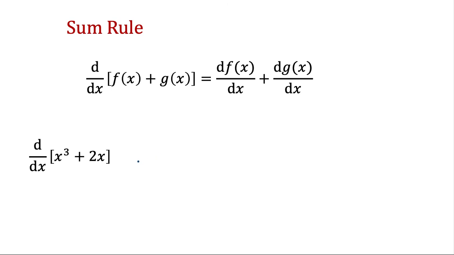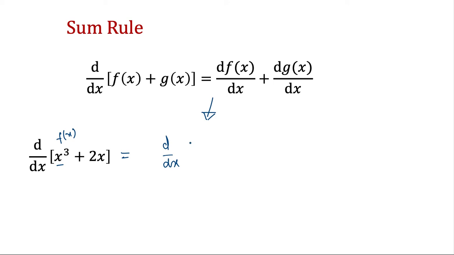So let's take a look at one example. This is f(x), which is here x cube, so let's write it in this form. We can do it immediately by looking at this also, but let's do it using this formula step by step.